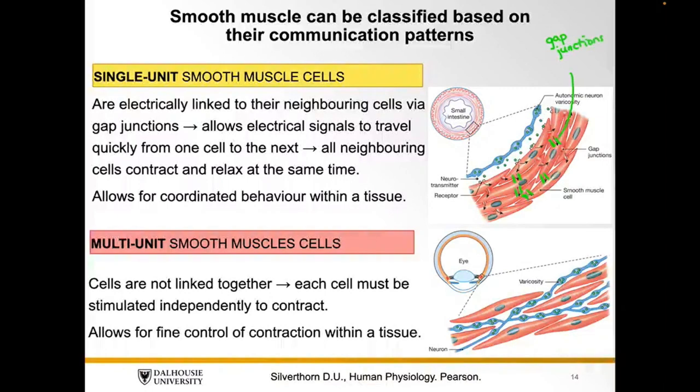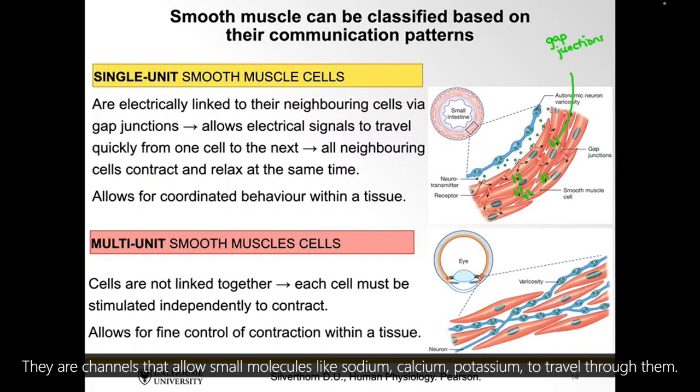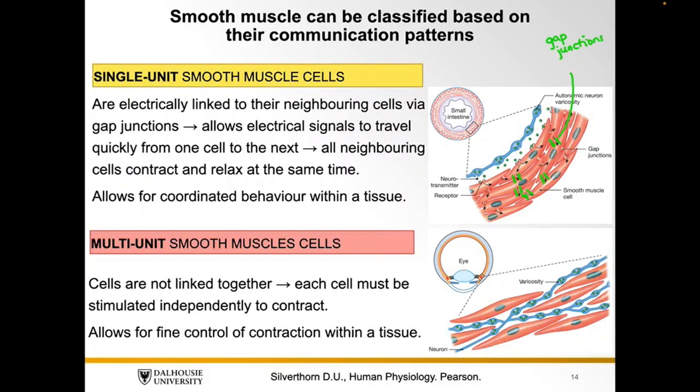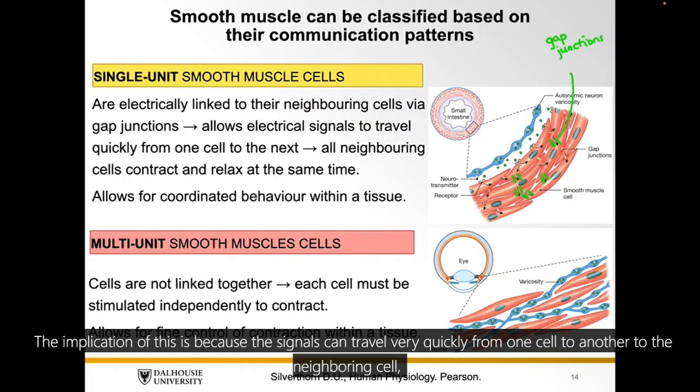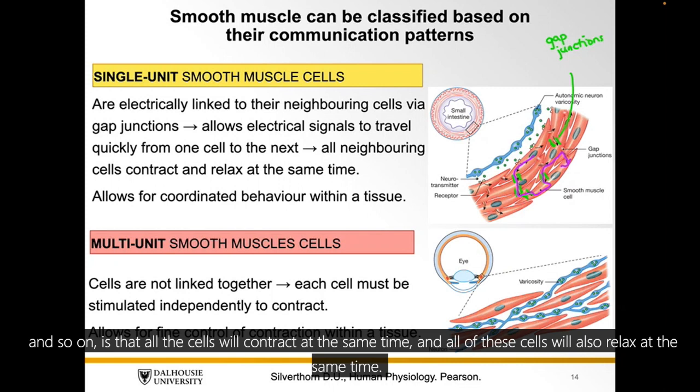And we've talked about gap junctions already in this course. They are channels that allow small molecules like sodium, calcium, potassium to travel through them. The implication of this is that because the signals can travel very quickly from one cell to the neighboring cell, and so on, all the cells will contract at the same time, and all these cells will also relax at the same time.